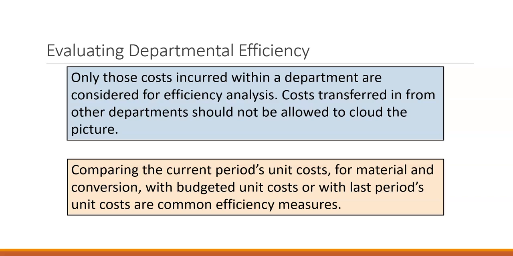Those are the kinds of things that we're going to look at when we're evaluating them. We compare our current period costs for materials, direct labor, and overhead with any budgeted costs or with the previous period's costs. And we'll look more at budgeting and performance evaluation related to budgeting in a later chapter.